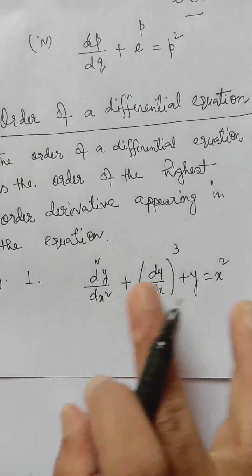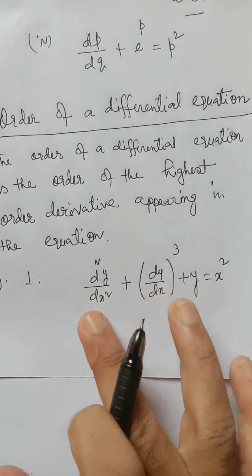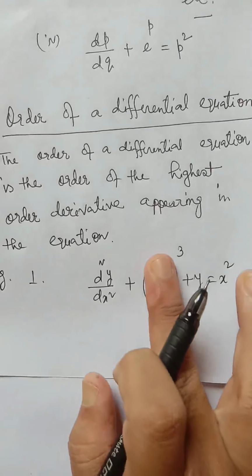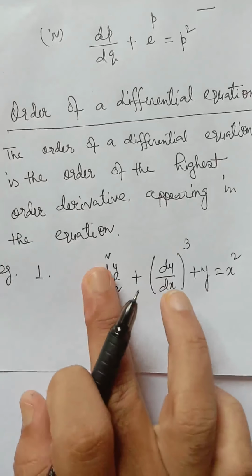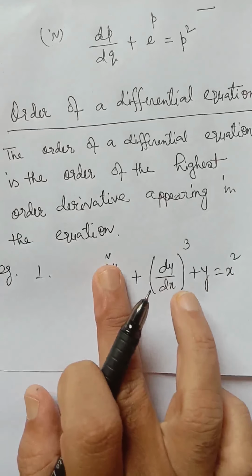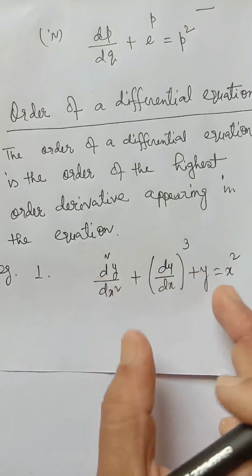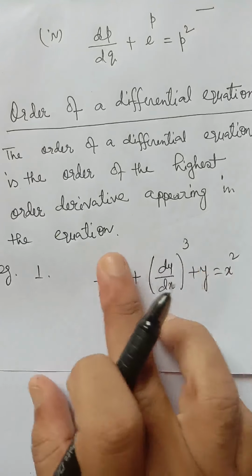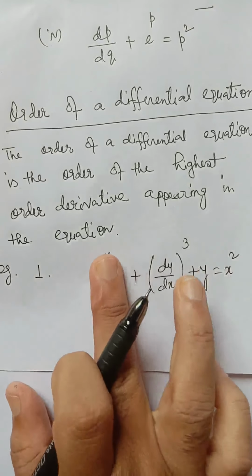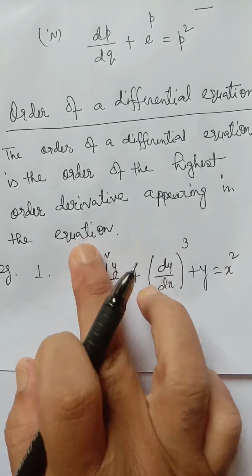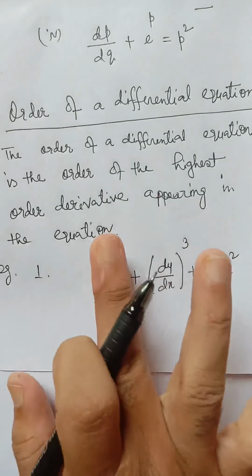Clearly, this is a relation between derivatives and variables, so this is a differential equation. Now, dy by dx is called first order derivative and d2y by dx square is called second order derivative.